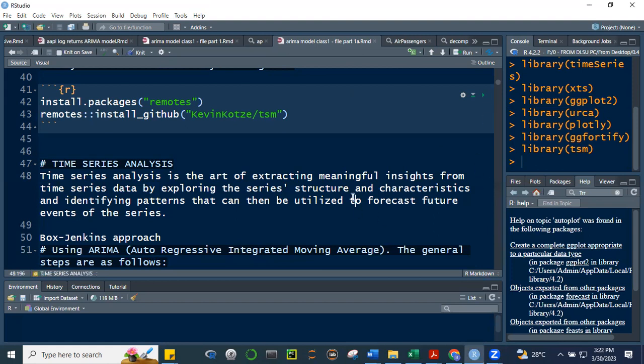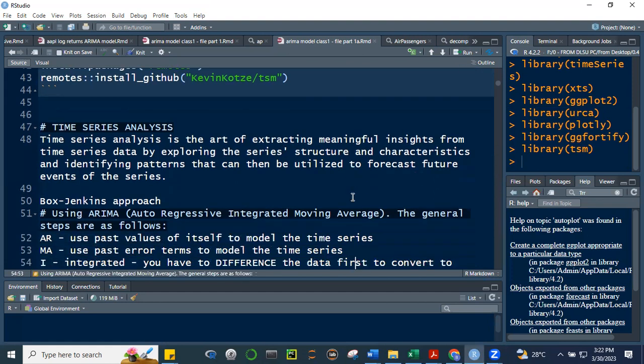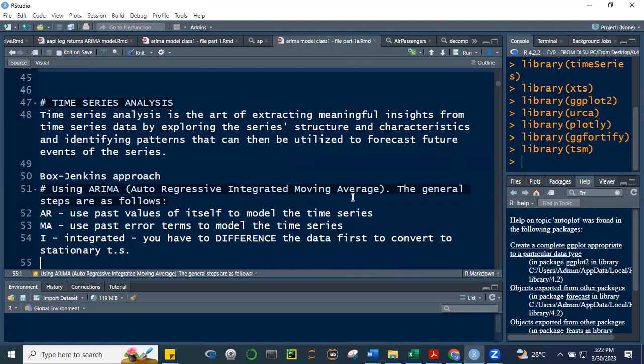Now, going back to our discussion on time series analysis, as I mentioned a while ago, time series analysis deals with extracting meaningful insights from our time series data, so that we can create a model that can be used to forecast future events.